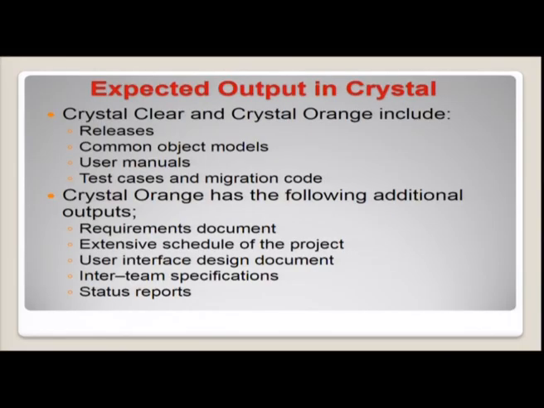As far as Crystal Clear and Crystal Orange are concerned, the output includes releases, common object models, user manuals, test cases and migration code. Now let me repeat, what is a release? A release is one wherein small features are released, small workable products are given, and small models are given.